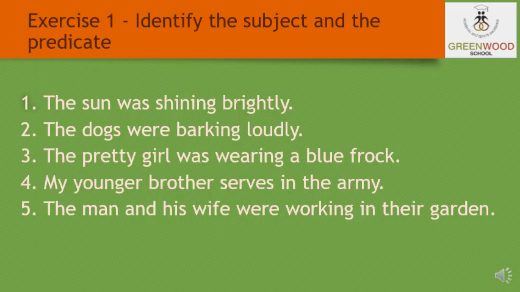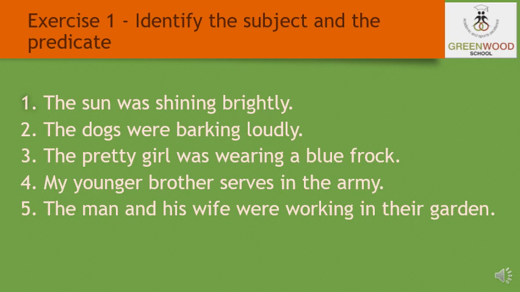Now, as you have learned what a subject and predicate is, let's complete the first exercise. Over here, you have to identify the subject and the predicate in the given sentences. The first sentence: the sun was shining brightly.